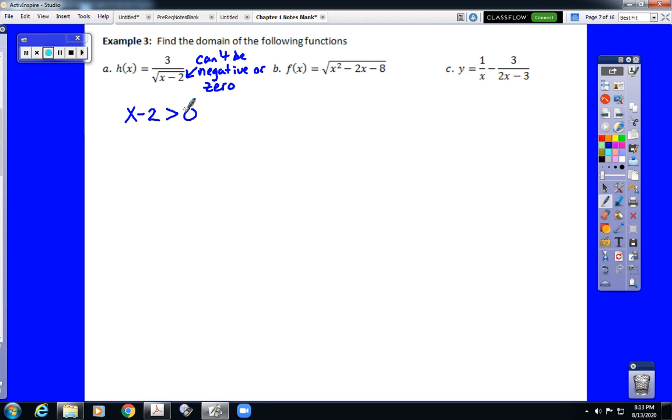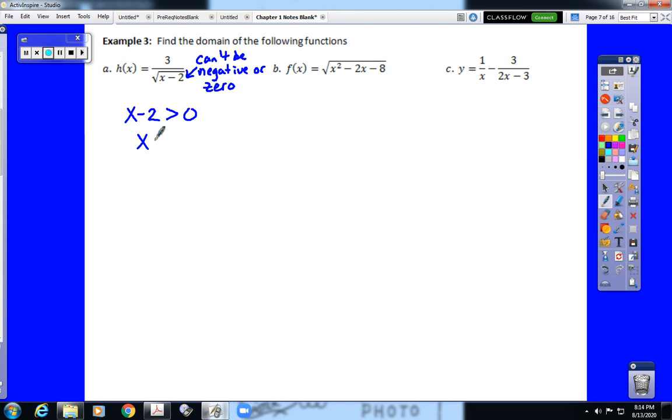It can't be equal to 0 either, like it would normally, because that would cause division by 0, which means x is greater than 2. Real simply put, there's 2, open circle, we're shading above. So that would be from 2 to infinity, both with parentheses.